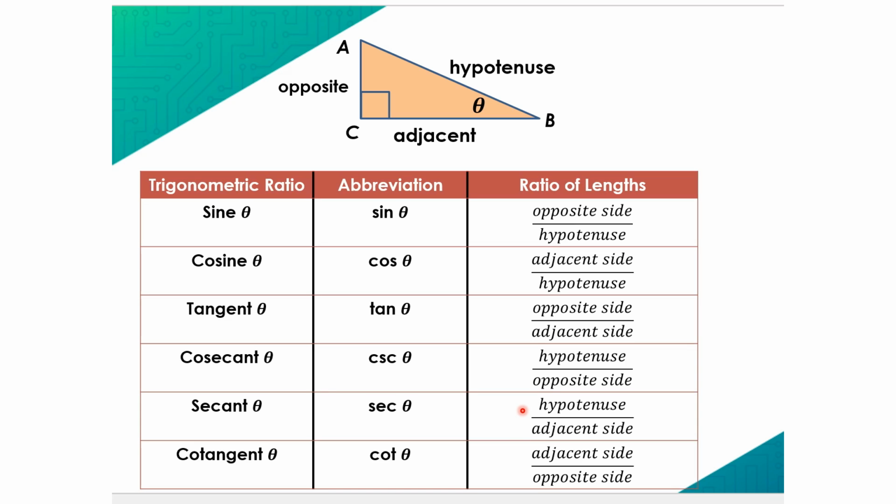This is the reciprocal of cosine, so the ratio of lengths is hypotenuse over adjacent side. The last ratio is the cotangent theta, abbreviated as COT. This is the reciprocal of tangent theta, and it is the ratio of the adjacent side over the opposite side.